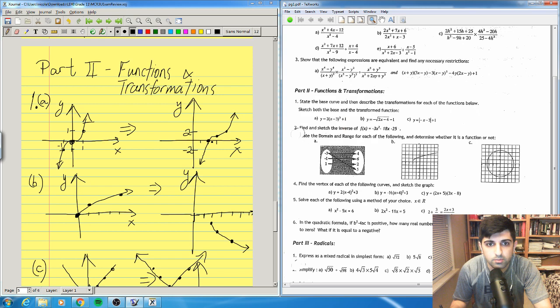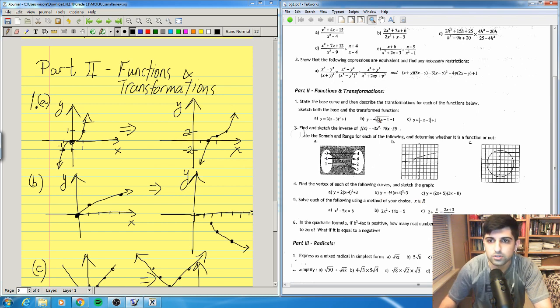So I move it up 1. I do the same thing for the origin point and for the point to the right and above it. And that's just about it. Then I just connect the dots, and I'm good to go.